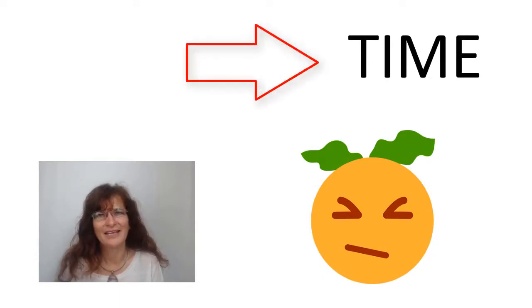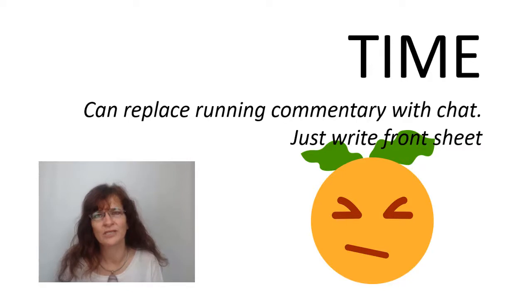The other thing is time. Probably what you're saying is, but I'm already really busy observing and writing feedback and I don't have time to do anything else. What I found was that I replaced the running commentary that I usually write on people's feedback with the chat. So I just wrote a front page. This was fine and this took all of the stress out of it for me.